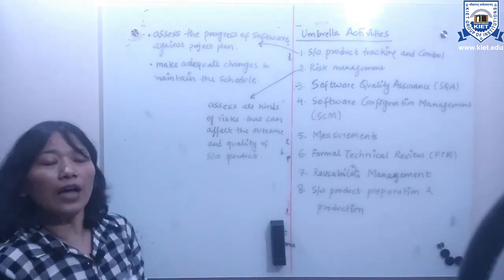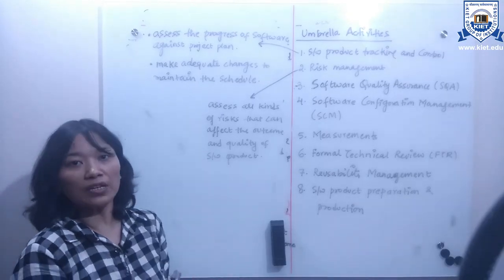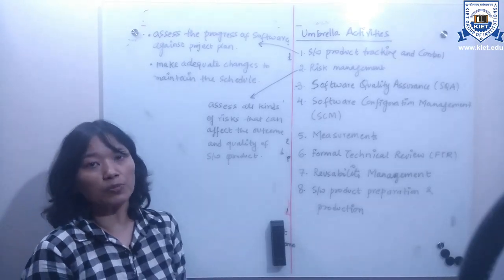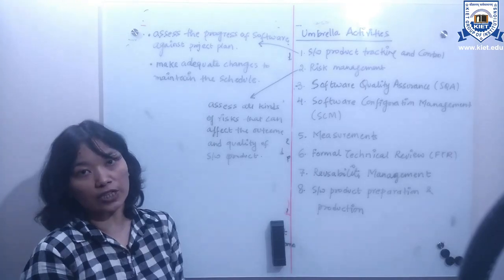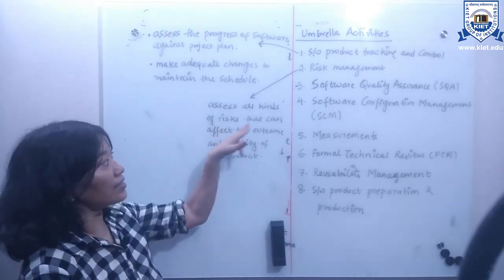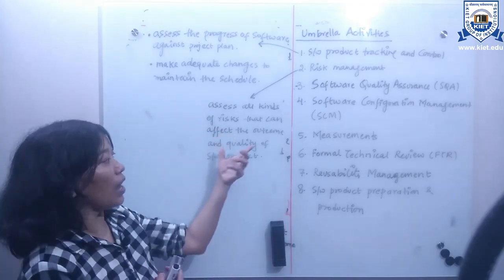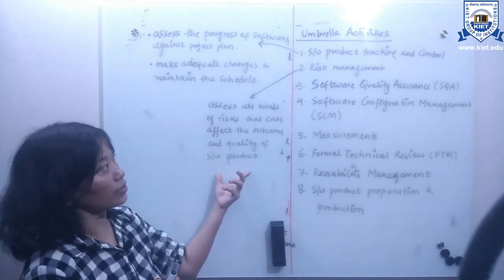Under risk management, it assesses all types of risk associated with the software product that can affect the outcome and quality of the software product.